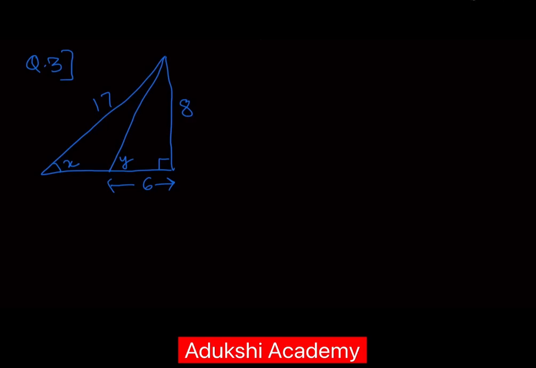So we need to find the value of 3 tan x minus 2 sin y plus 4 times cos y. First we will find out the hypotenuse for small triangle. So if we consider this triangle, the yellow one, in this triangle, see perpendicular and base is given, so you can easily find out the hypotenuse.